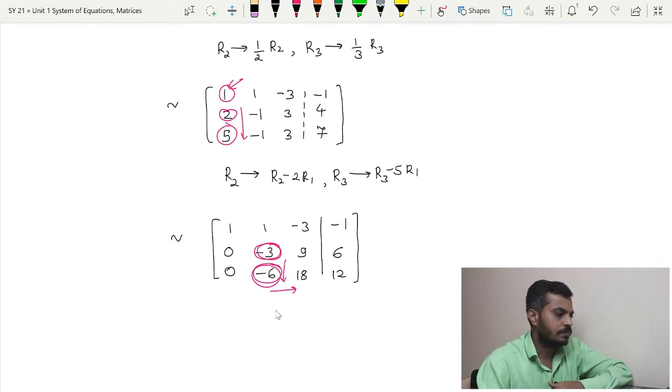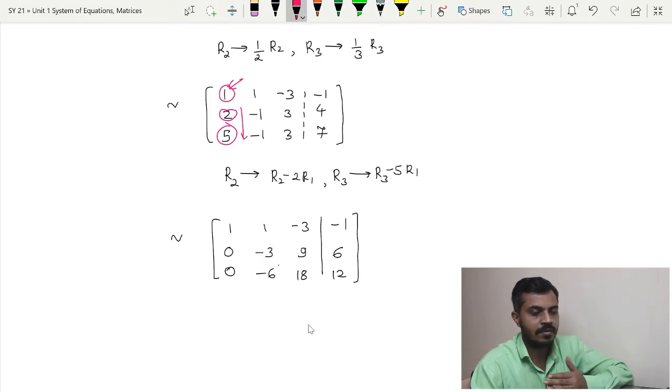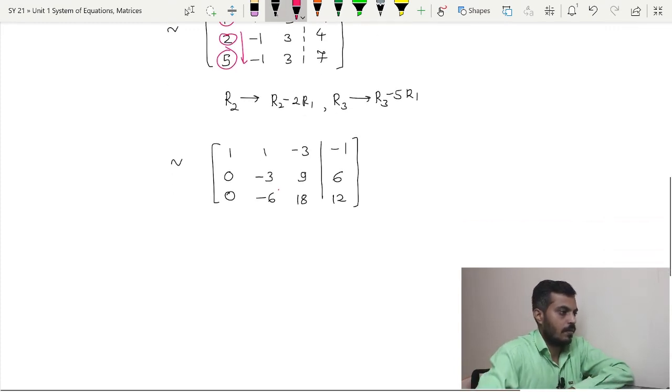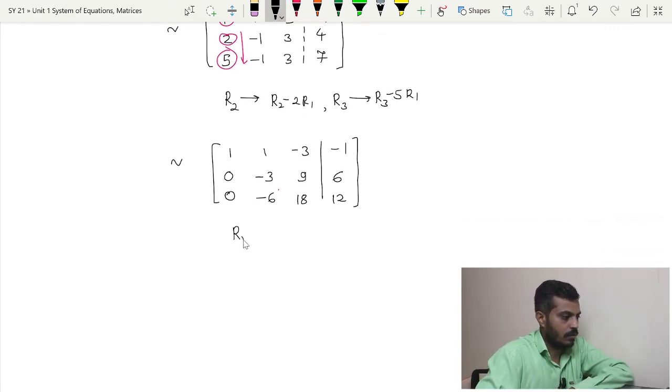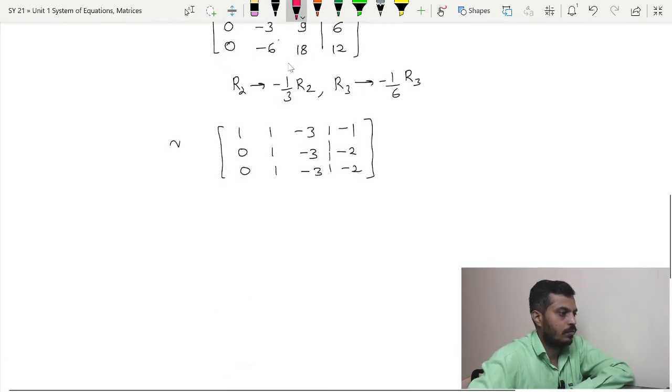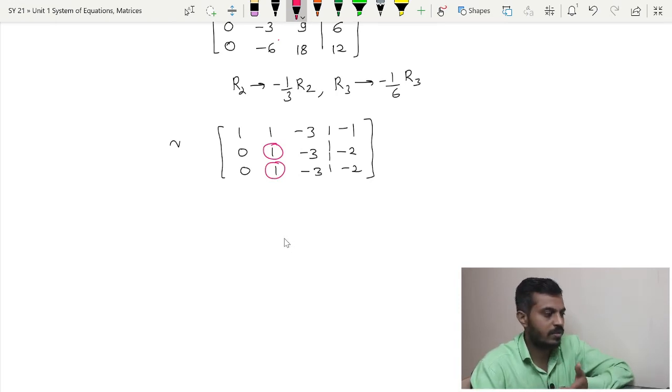Similarly, in the third row each entry is a multiple of 6, so we will divide by minus 6. On R2 we will perform minus 1 upon 3 R2, and on R3 we will perform minus 1 upon 6 R3. So this matrix will be equivalent to, yes, now we can see that it is easier for the calculations as well.